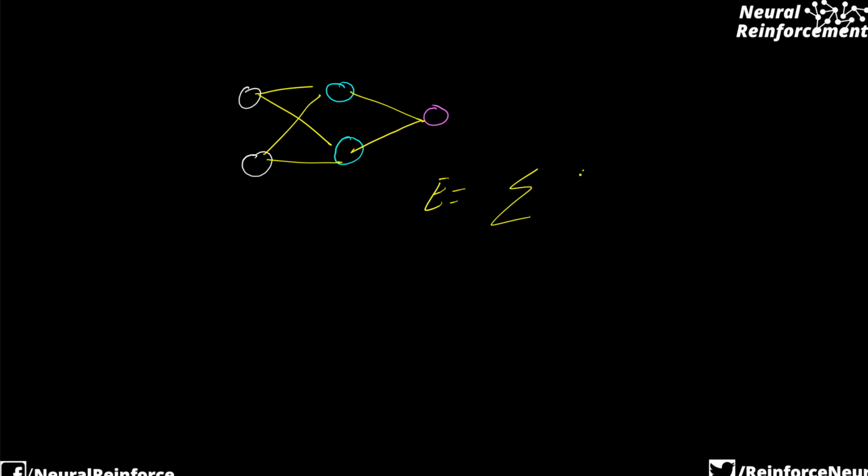sigma of your target minus the output from the last layer whole square, where d goes from 1 to D, and we said we'll add half over here. Okay, now let's try to break this up. And we already discussed that this is an identity function.